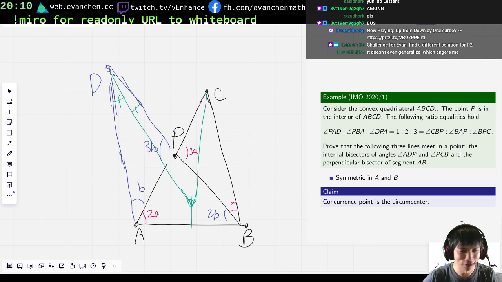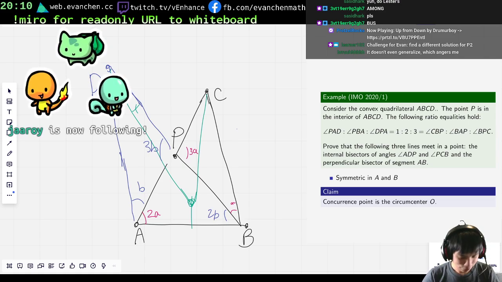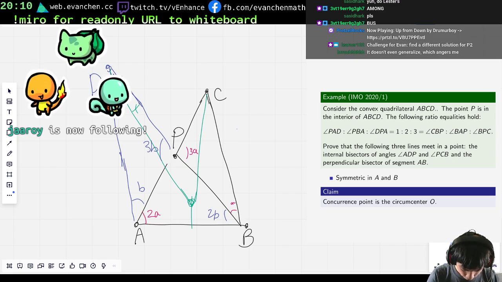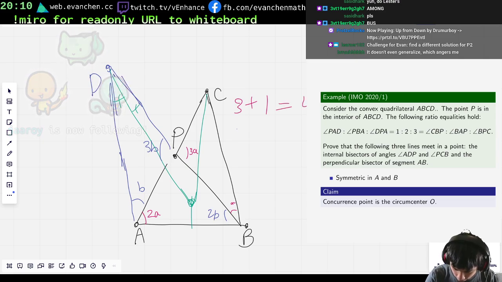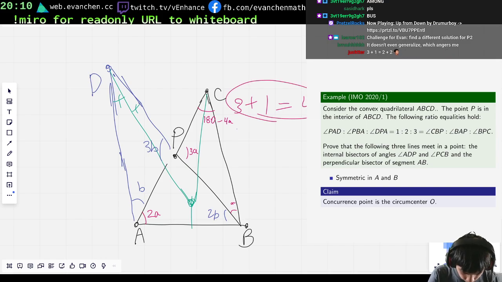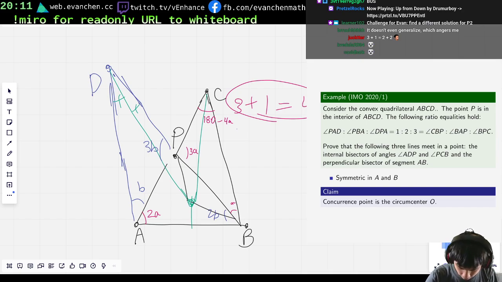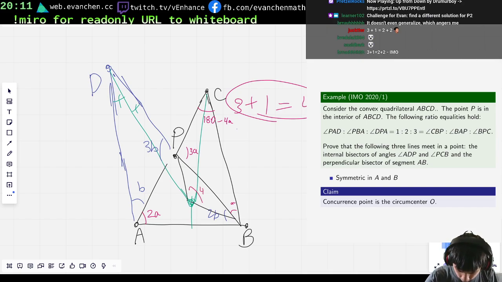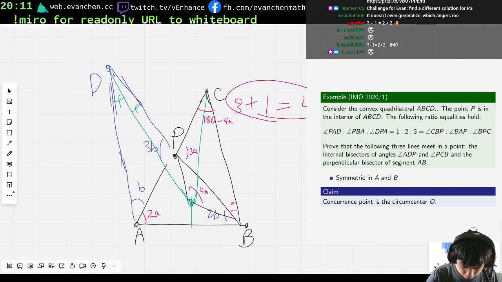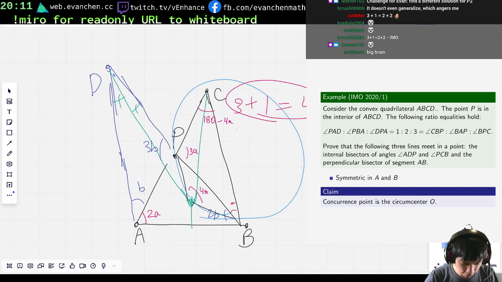Now that we have this claim, we're going to make the following amazing observation, which is that 3 plus 1 is equal to 4. So this angle here is 180 minus 4A. And this angle, well, I'm drawing in the circumcenter, this angle is also 4A. So that implies that these points are cyclic.